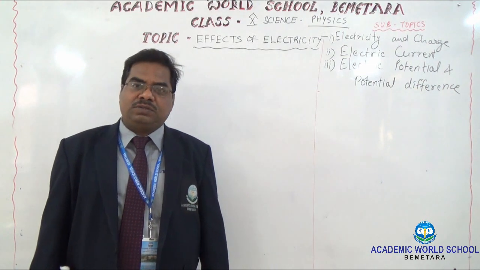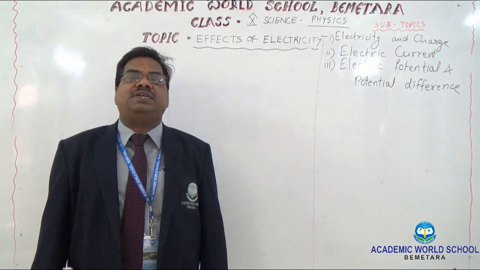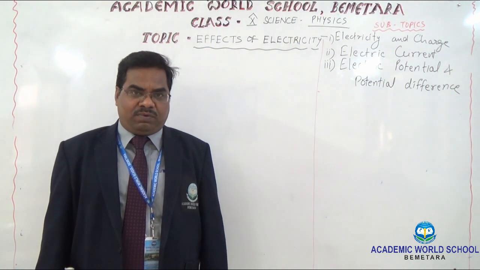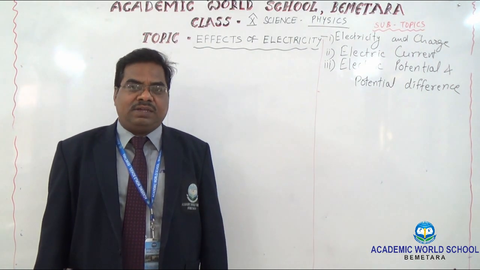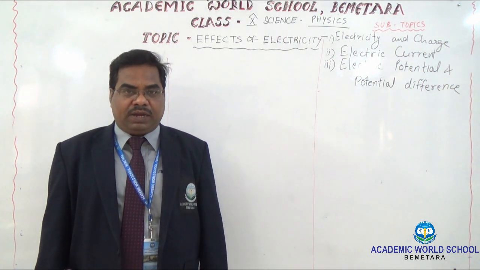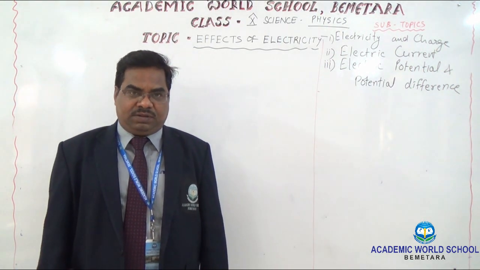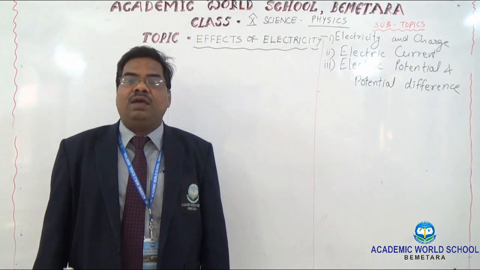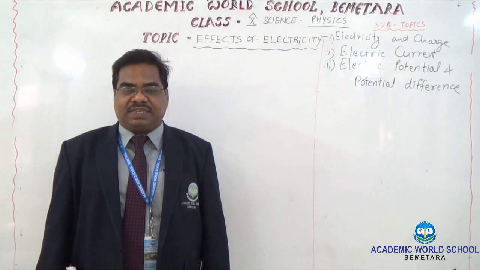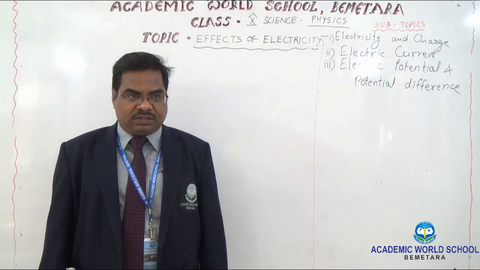Dear students, as you know, electricity is an essential thing in our daily life. How the fans, tube lights and other things are working in your home, it is due to electricity. In offices also we need electricity to run computers, ACs and other gadgets.